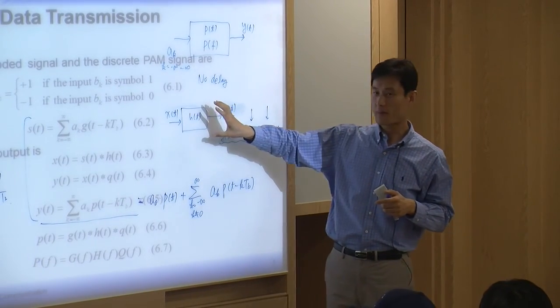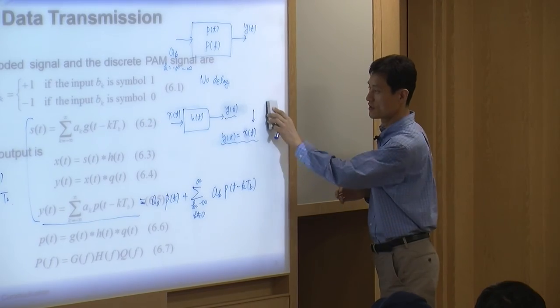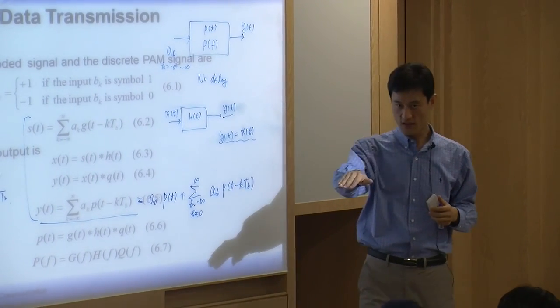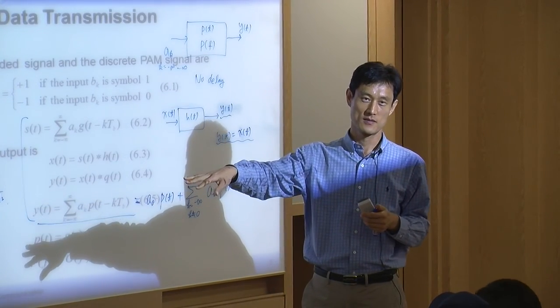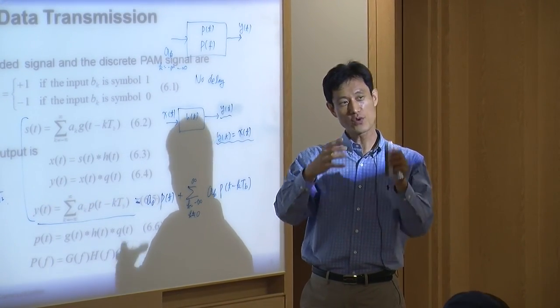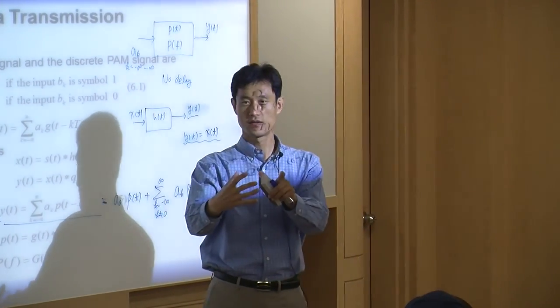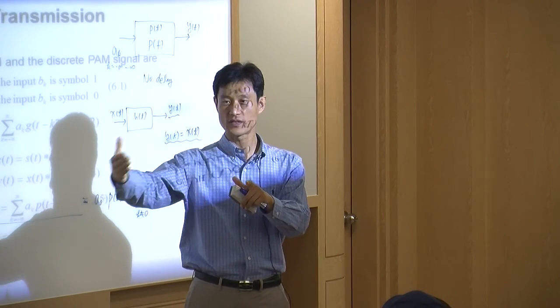Because of the memory, if you have no memory, that means you're going to have only one output, because whatever is coming in will be whatever is coming out, right? Because there's no memory. Once you have a memory, then the input will be stored inside the memory and then it goes out at a different time.